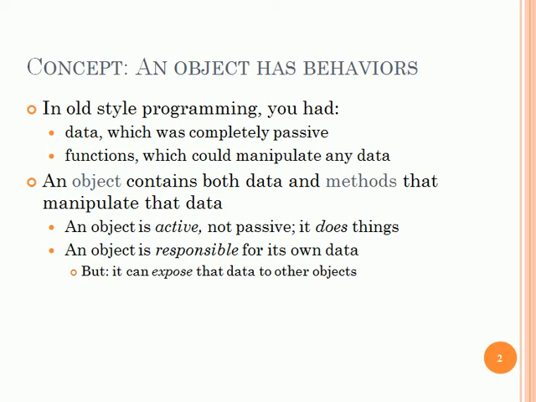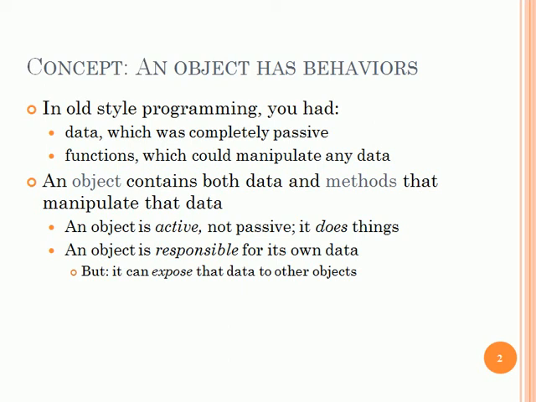Functions could manipulate any data. But in the OOPS concept, an object contains both data and methods that manipulate that data. So here the object is active, not passive. It does things. And also an object is responsible for its own data.